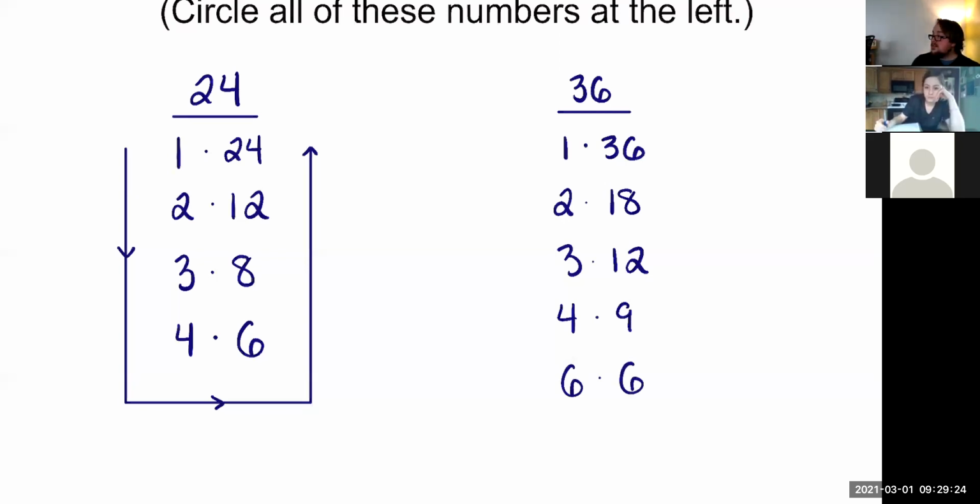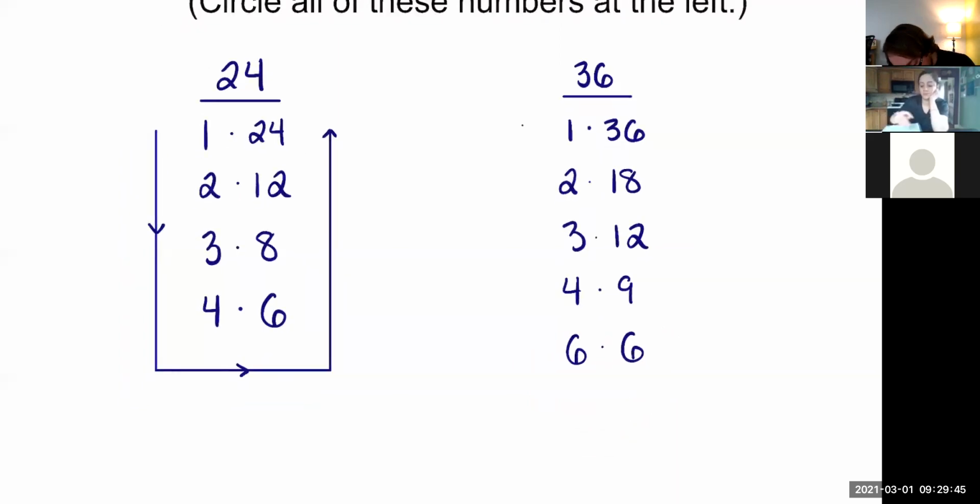7? 8? No. No. 9? Yeah. Well, of course, it's already on our list. In fact, because of the way I had to write 6 times 6, I already am starting to cycle back again. So at that point, I could say, well, I must have listed all the factors of 36.